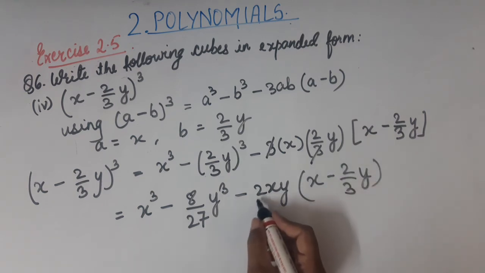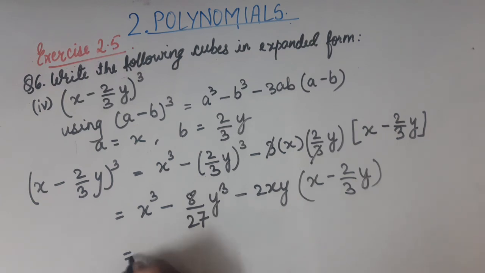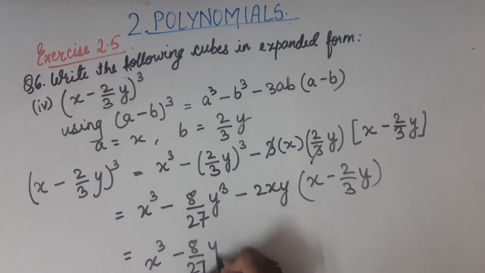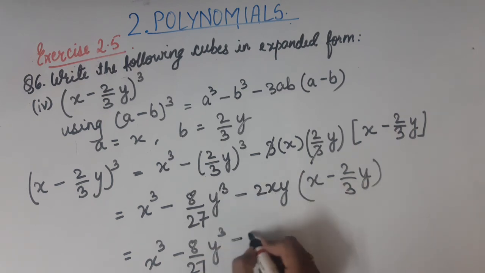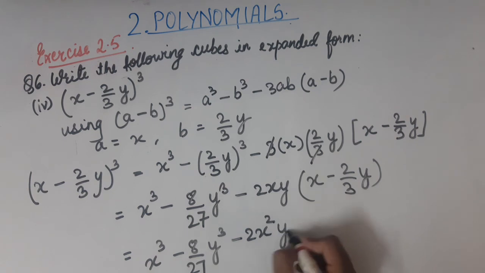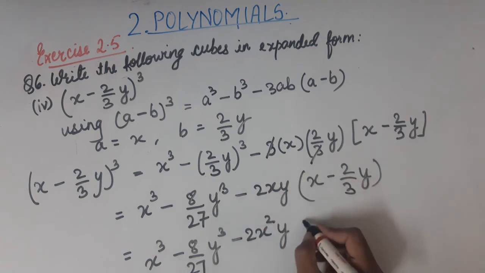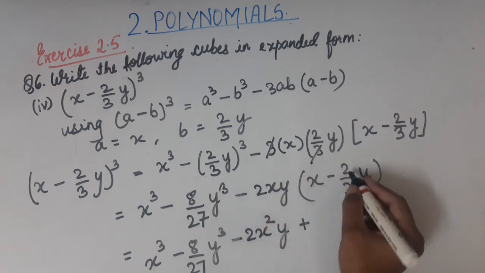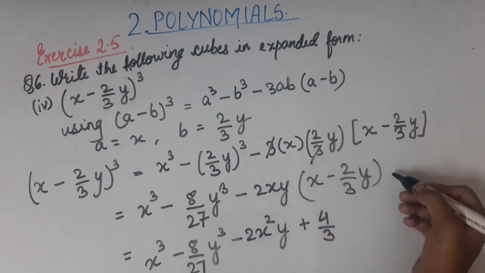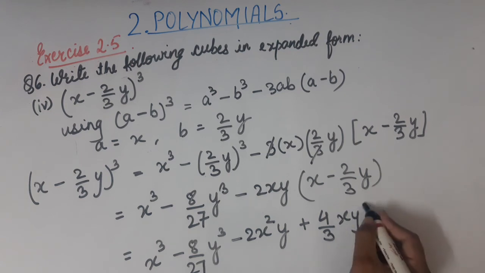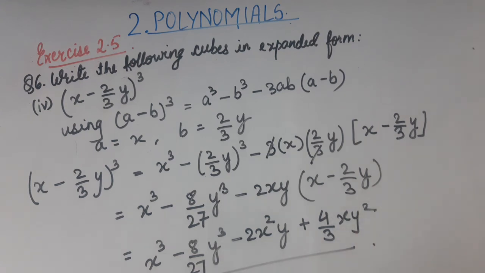Now multiply this 2xy inside. What will you have? x cube minus 8/27 y cube minus 2xy into x, we will have minus 2x square y, minus into minus plus, so 2 into 2 is 4 upon 3, then xy into y we will have xy square. So this is your final expansion.